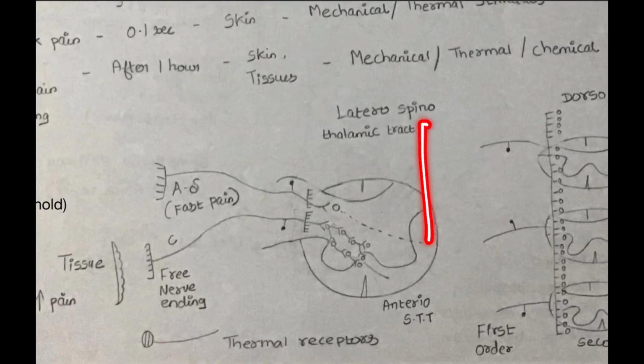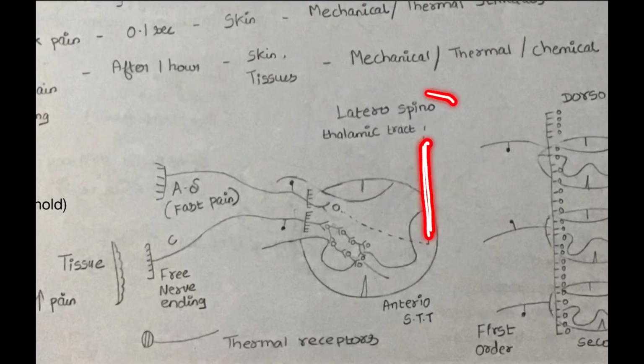So the name of this tract is the lateral system, going to the thalamus from the spinal cord. These sensory nerve fibers will form a tract eventually as they did in the dorsal column.